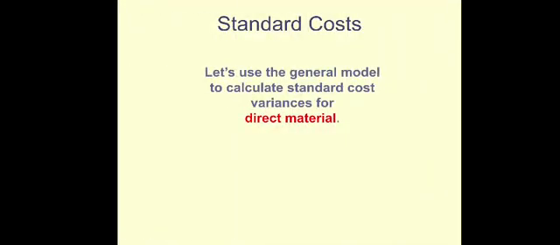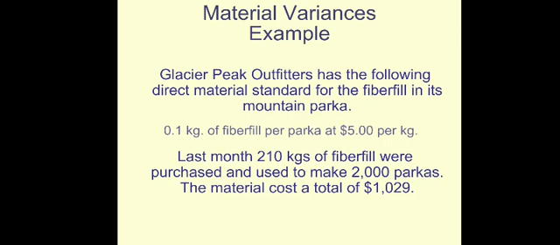Let's see an example about how to calculate variances for direct material cost. Glacier Peak Outfitters is a company. It has the following direct material standard for the fiber fill in its mountain parka.